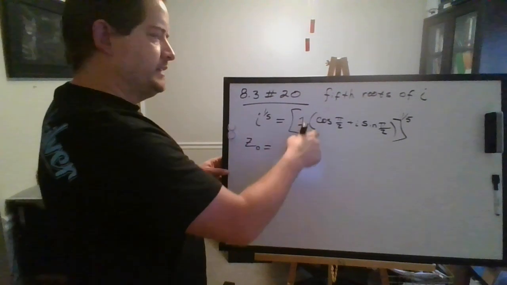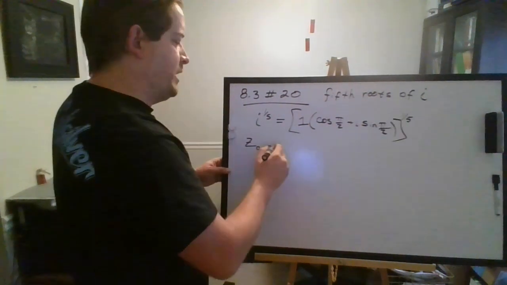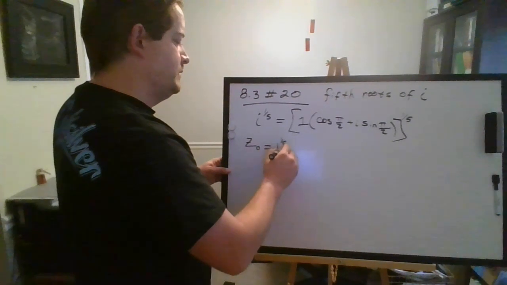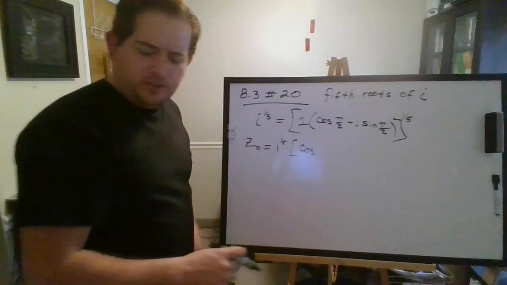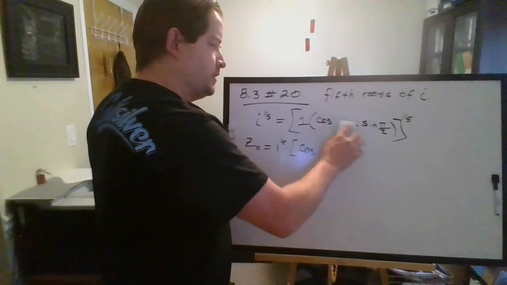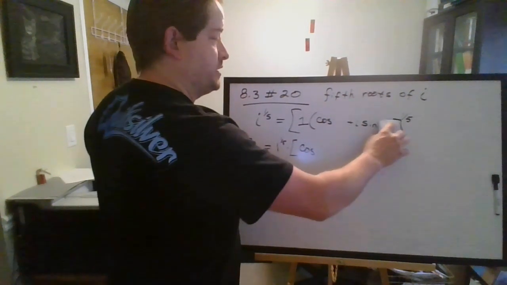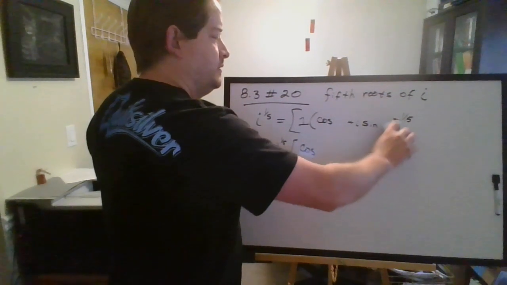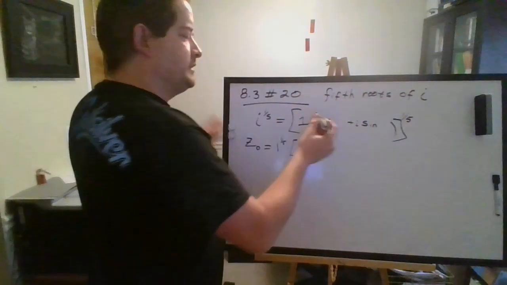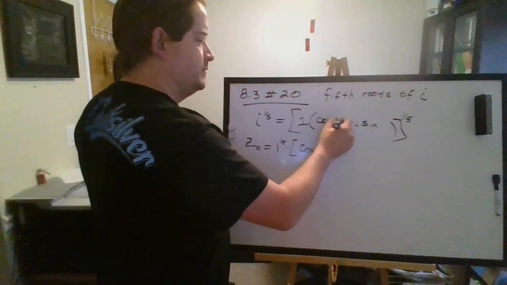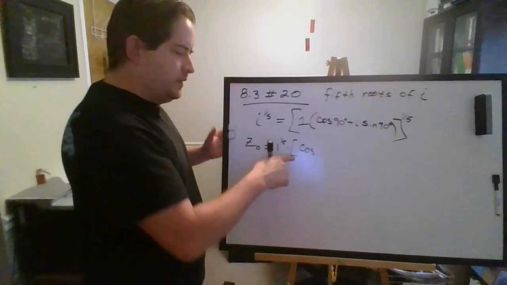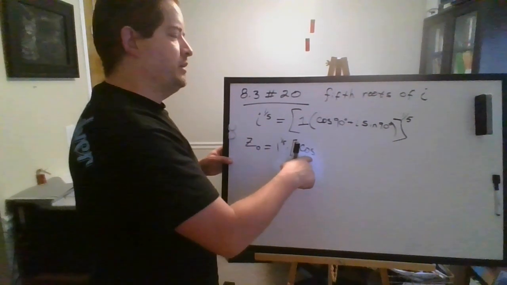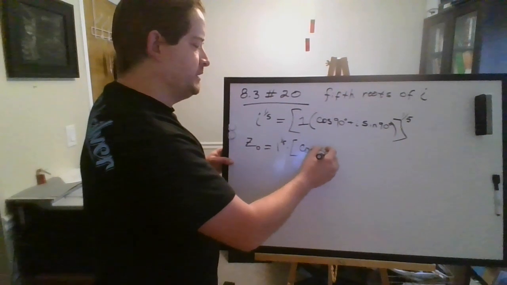I'm going to take the radius that I have in my trigonometric form to the 1/5 power. And then I get this cosine of pi halves. And I think the answer wants it in degrees, so I'm going to switch to degrees. Instead of writing pi halves, sorry if you're writing this down, more sorry if you're writing it in pen, I'm going to write this as 90 degrees. And so in my Z0, my angle for my cosine and my sine is that 90 degrees.